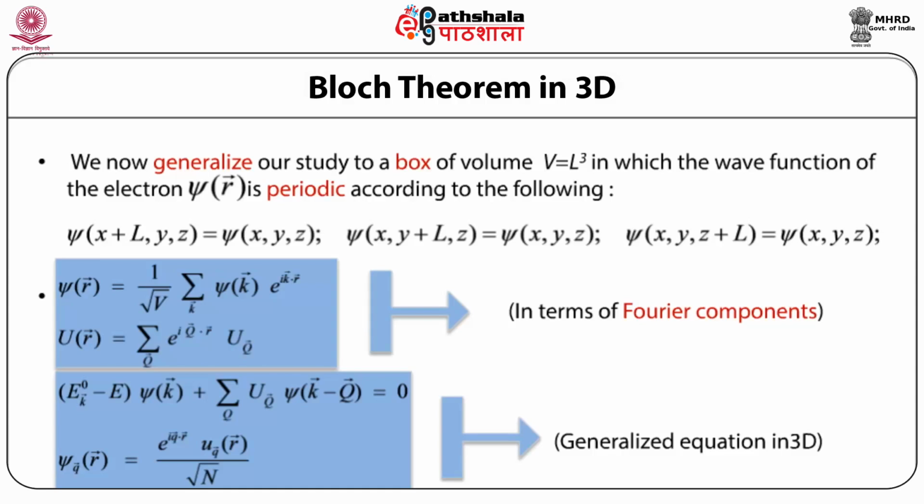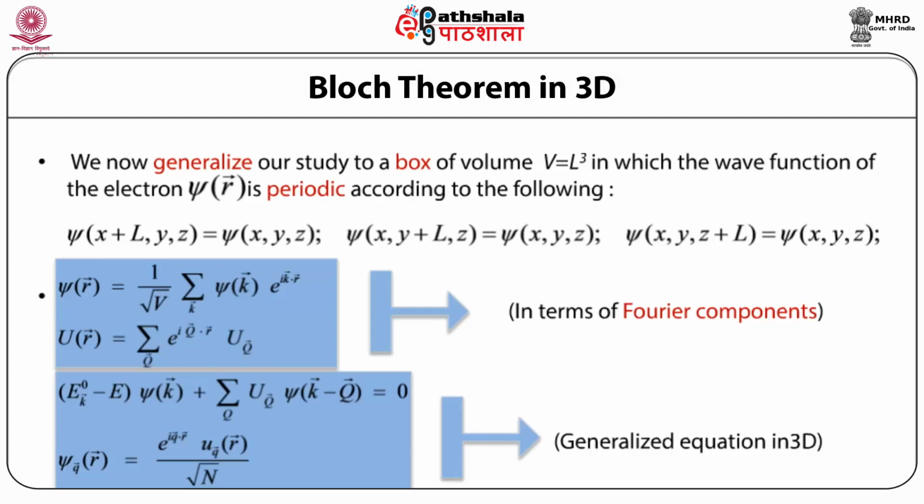dot r, and the potential u as a function of r is equal to summation over capital Q, that is summation over the reciprocal lattice vectors, e raised to power i Q dot r into u Q. So both of these are now in terms of Fourier components.